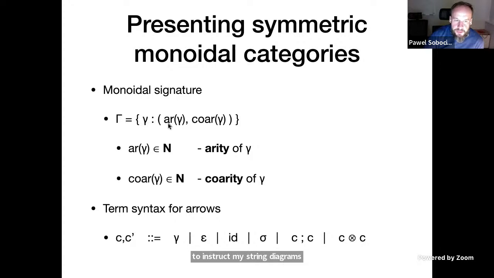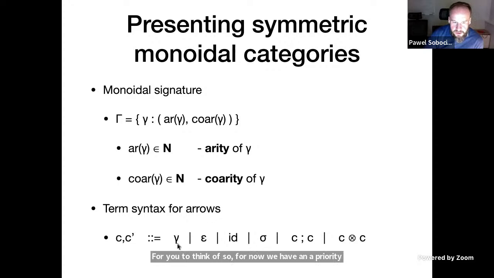So an operation gamma has an arity and a coarity. You can think of this as some kind of number of inputs and number of outputs. Inputs and outputs are dangerous words. We don't want to immediately assign causal meaning to these things, but essentially that's an okay thing for you to think of for now. So we have an arity and a coarity, and then we have a term syntax, right? So what's a term?